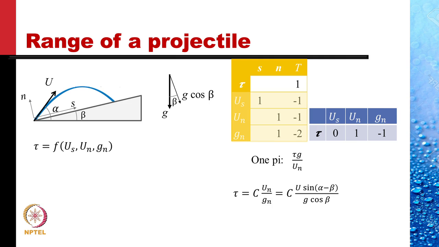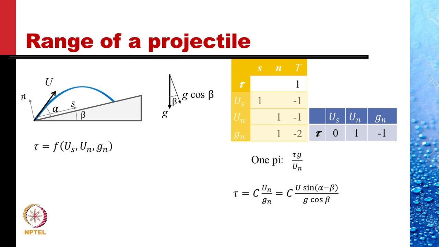Now the same projectile is projected with the velocity capital U at an angle alpha, but now it is not thrown on a horizontal plane, but an inclined plane at an angle beta. And this time, our problem is to find the time of flight, the time tau of flight.